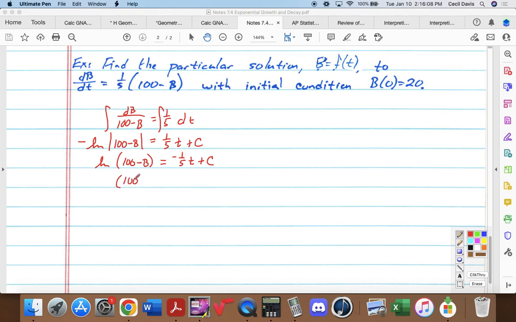So this will be 100 minus b is equal to e to the negative 1/5 t plus c, which is e to the negative 1/5 t times e to the c. Again, making e to the c a new constant, I'll have 100 minus b is equal to c times e to the negative 1/5 t.